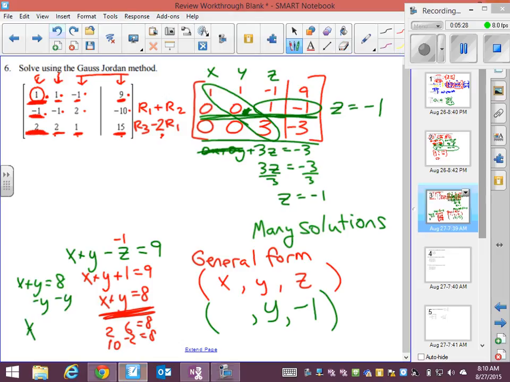I want x equals 8 minus y. That way I'm only looking at one variable. This is the general form of my solution. And so you can tell by plugging in a number. If you pick a number like, let's say y was 6. If y was 6, x would be 8 minus 6 would be 2, and z, of course, is -1. That would be one specific solution of the many.